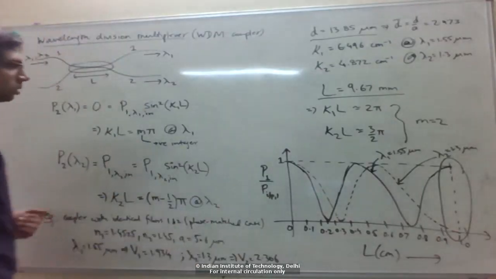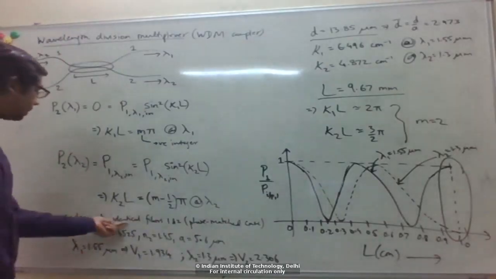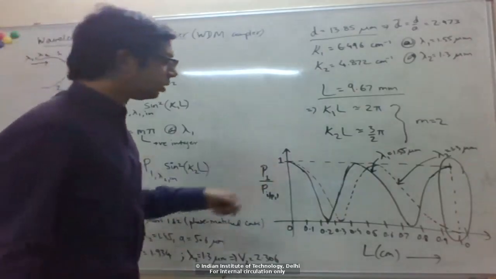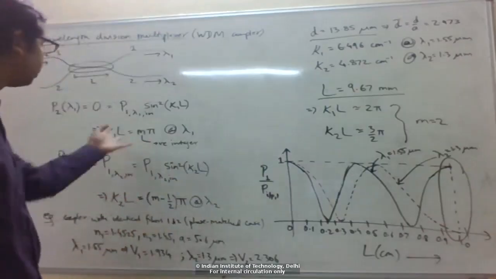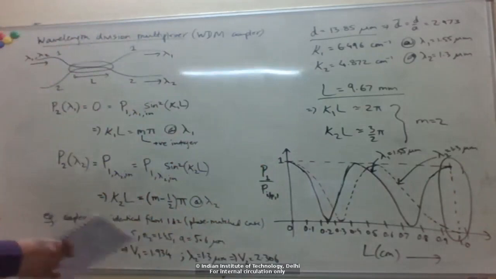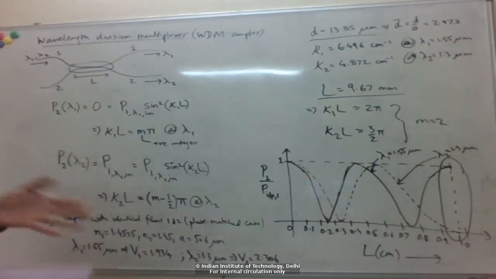Okay. So to make these more broadband devices, typically what is done is we don't use identical fibers, right? Because for identical fibers, the sensitivity to wavelength is larger. So if you change wavelength, then the coupling coefficient changes by a larger amount. So if you want to make more wavelength insensitive devices, then typically we go for dissimilar fibers with finite delta beta.